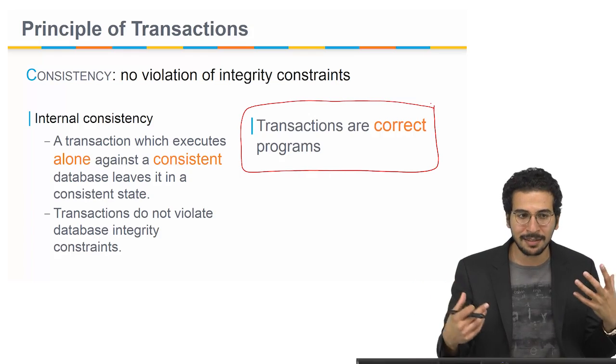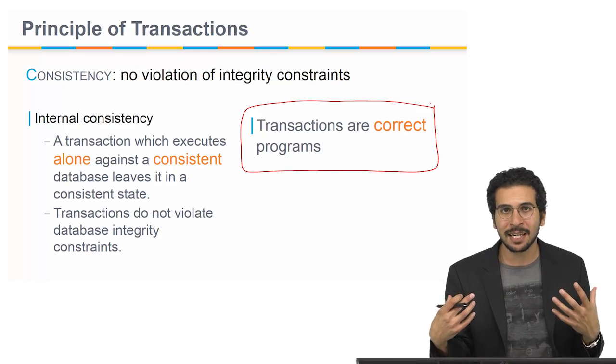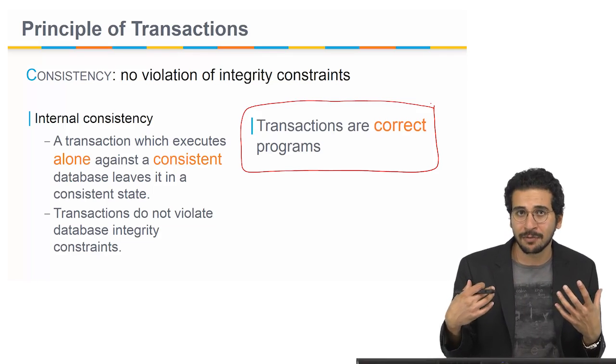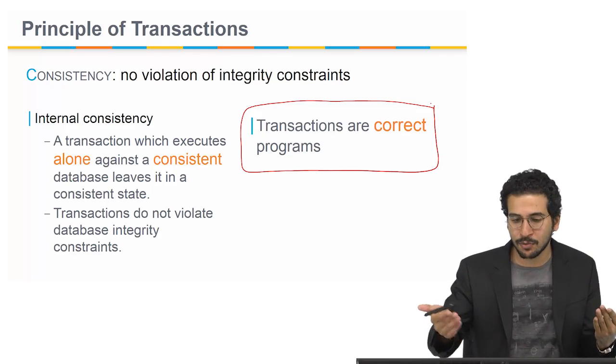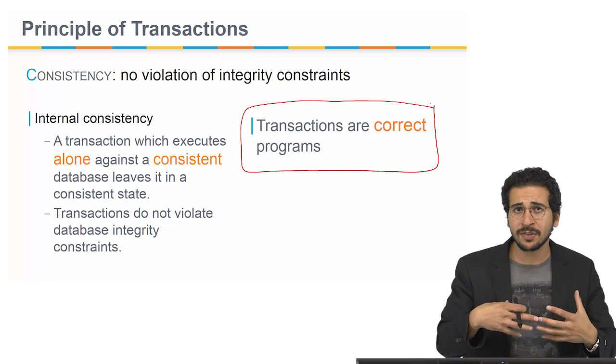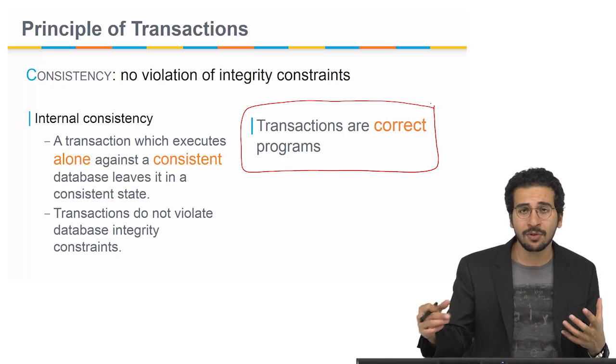It's not exactly a program that you write in Java, but from a database perspective, it's a program, and this program needs to be correct and bug-free, for example. That's what we mean by it doesn't violate integrity constraints. When integrity constraints are violated, these are bugs for database systems. So we need to avoid these.